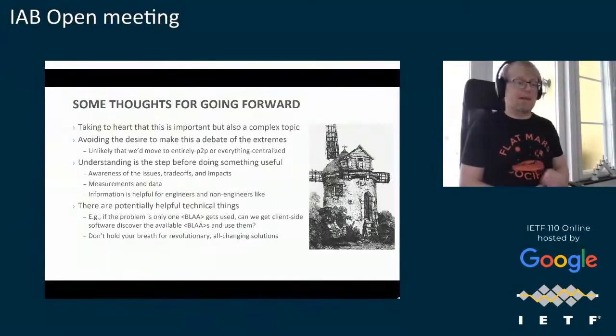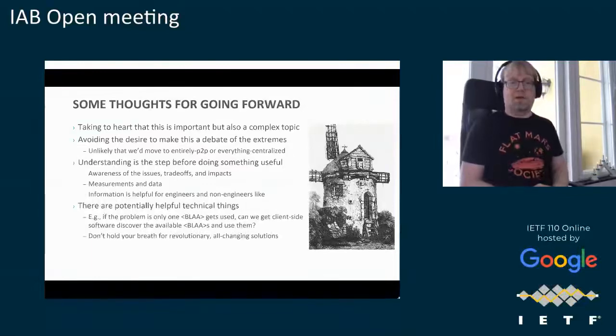And finally, I do think there are helpful things that we can do. If the goal is to have a magic solution that will solve all of these problems, then I don't think we should be holding our breath. But I think there are things we could do.